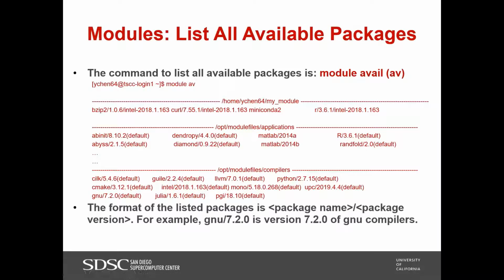What if we want to know what software is available on TSCC? The first command you need to run is module available. You can just type module av and hit enter, and all software installed system-wide and available to you will be printed out.